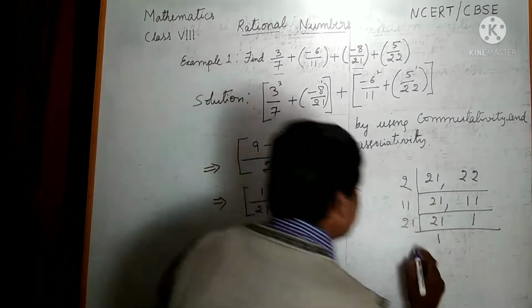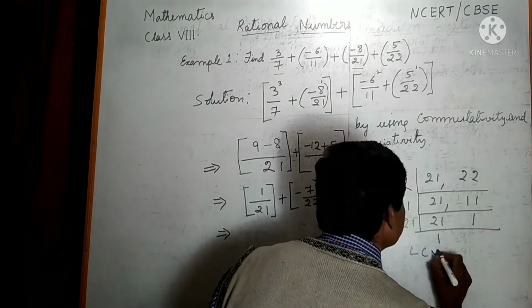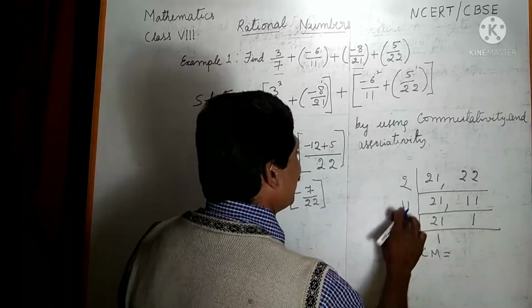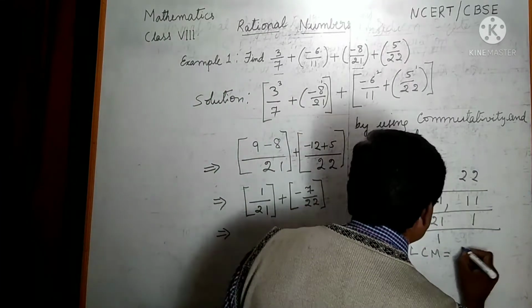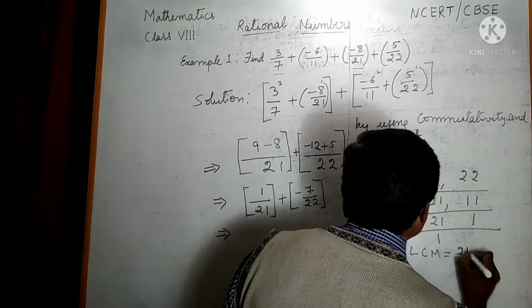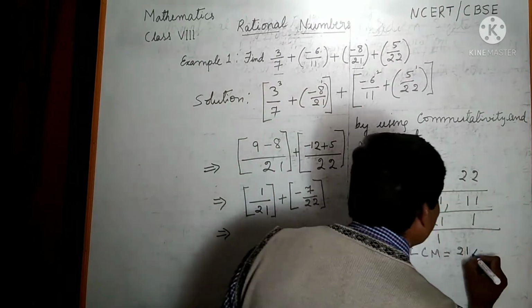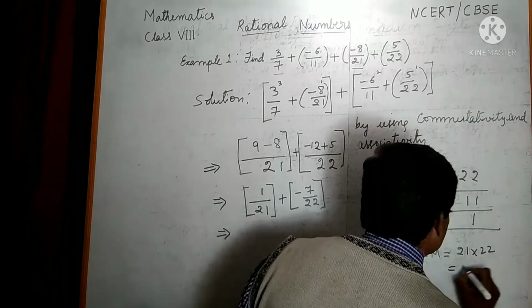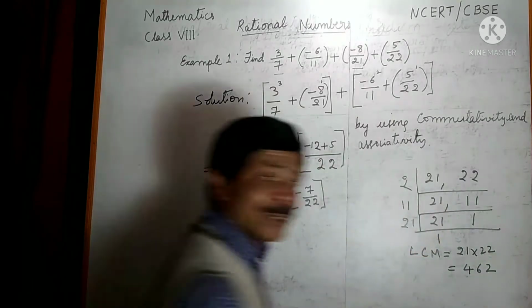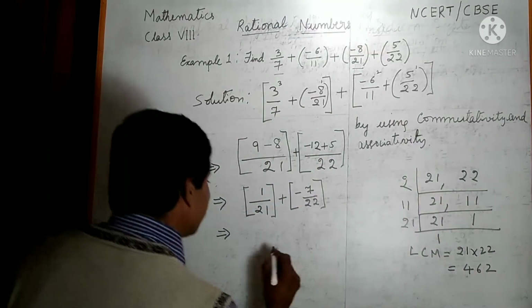So that LCM is equal to 2 into 11 into 21, that means 21 into 22 is equal to 462. 462 is the LCM.